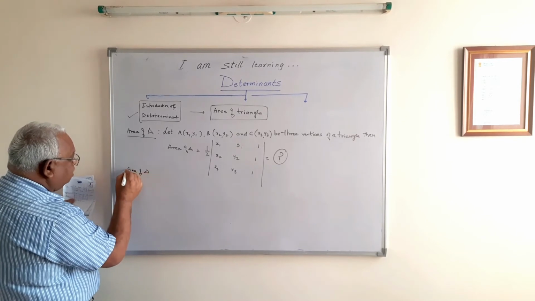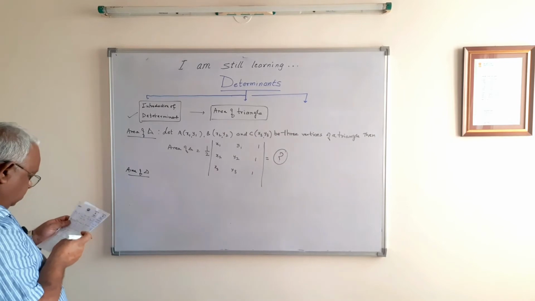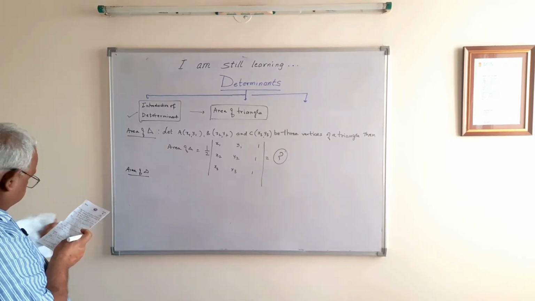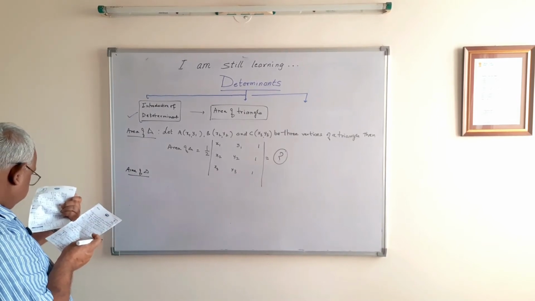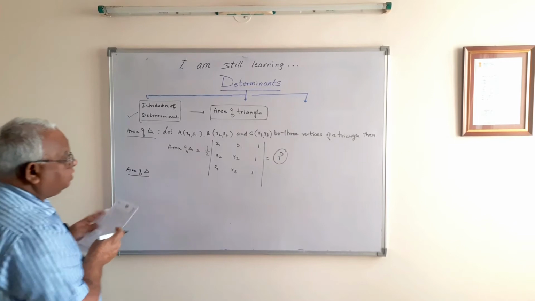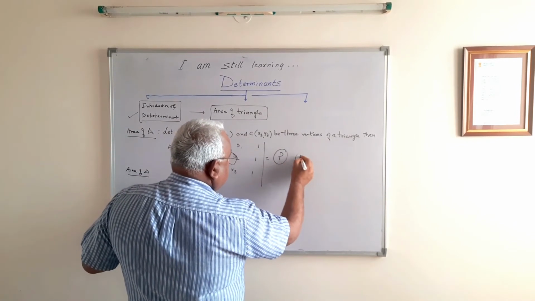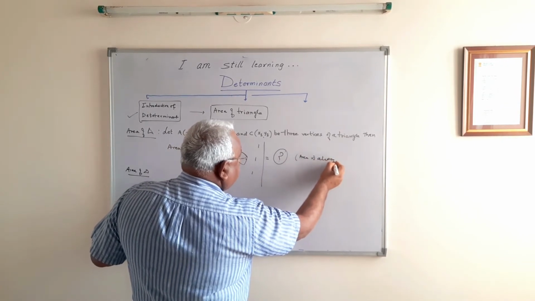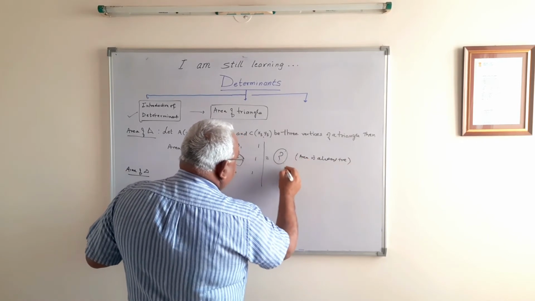Area of triangle. Mind it, this area is always positive, so this is an absolute value.